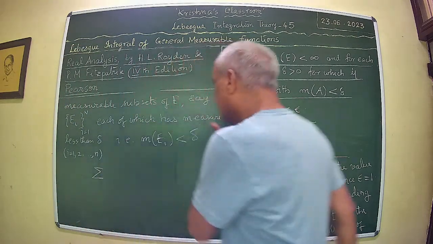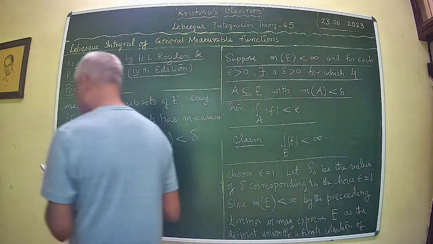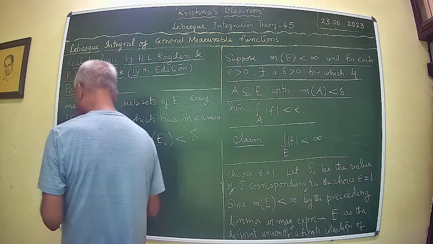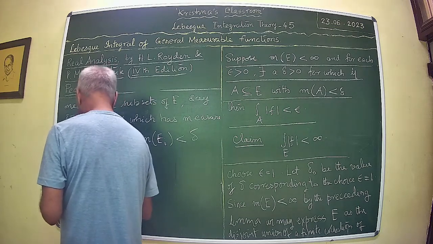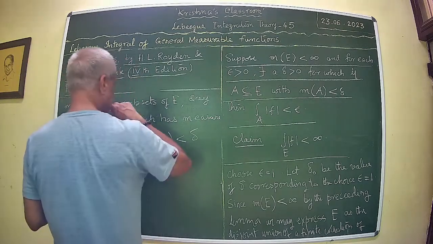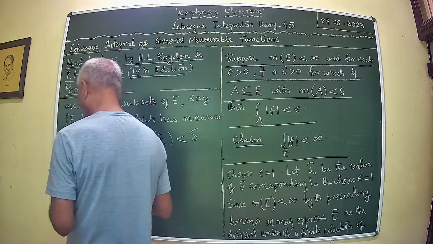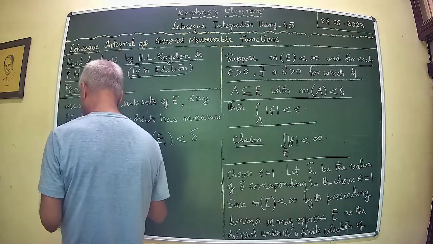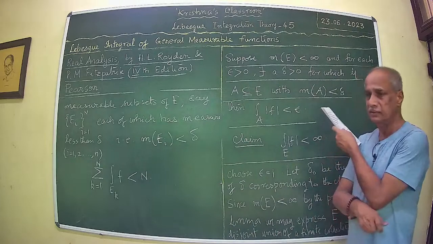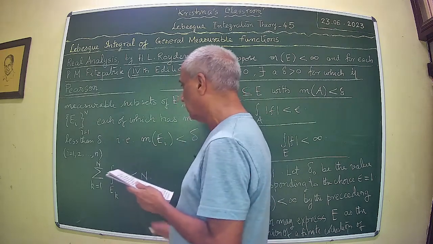Suppose you take any integrable function or any positive function, so this is what you have, the sum over k equal to 1 to n of the integral over E_k of f is less than n, because each one of these is less than 1 and therefore this is less than n. We have the measure of E_i less than delta for i equal to 1 to n.